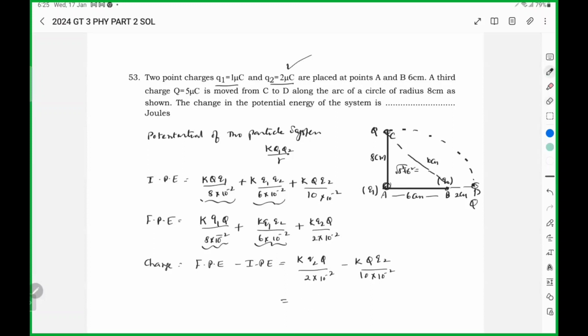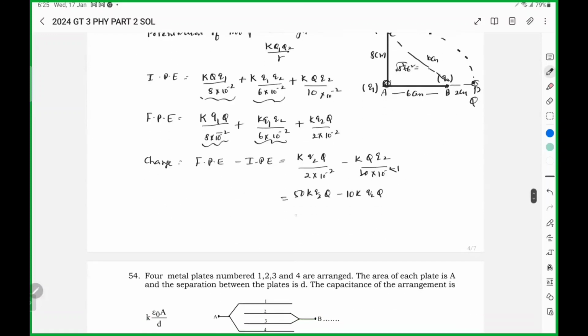It's 100 by 2, 50 K Q2 Q, which is 10 power minus 1, and so 40 K Q2 Q. K is 1 by 4 pi epsilon naught, whose value is 9 into 10 power 9.